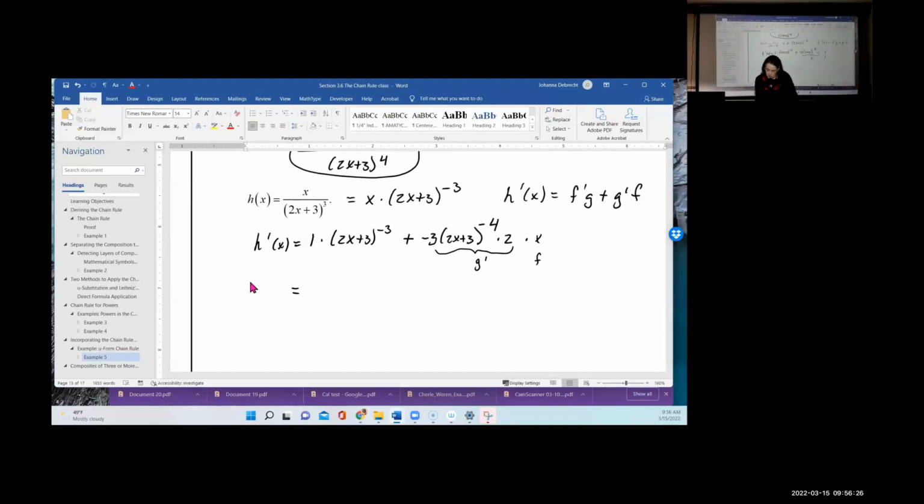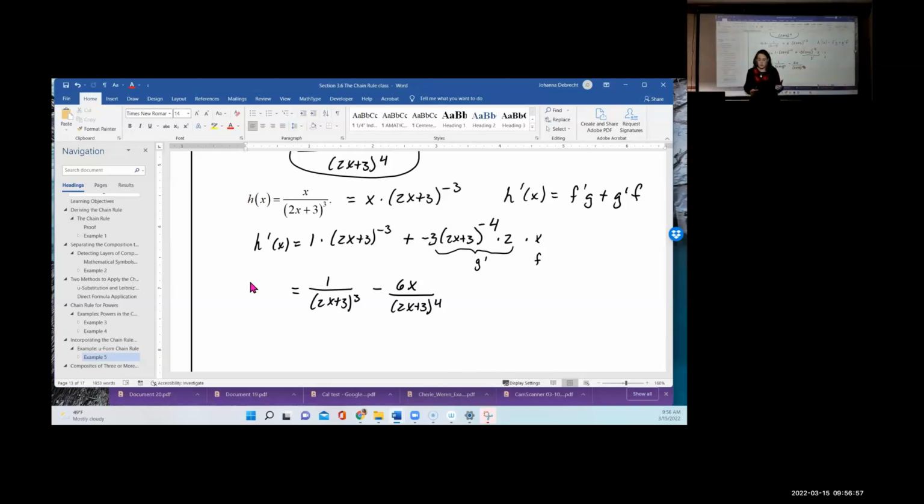So this becomes 1 over 2x plus 3 quantity cubed minus 6x over 2x plus 3 quantity to the 4th. So the 6x comes from the 3 times 2 times x, and it has a negative on it from the original negative 3 power. So it becomes minus 6x over this to the 4th.